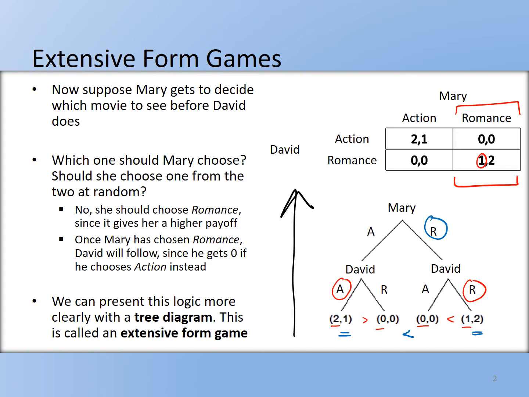Mary moved first, David moved second. But we solved the game by first asking what David would do in each scenario. And then we moved backwards, figuring out what Mary would do, given her prediction of what David would do. Right? So this method of solving the game is called backward induction.